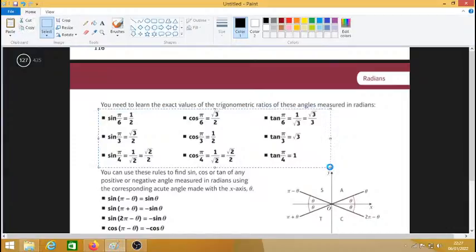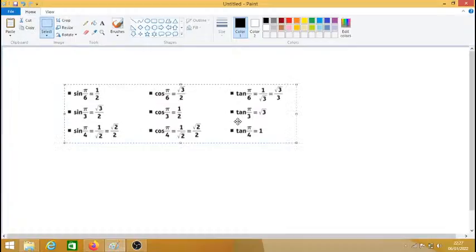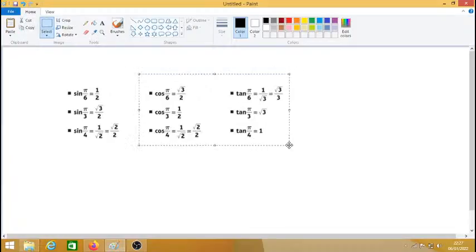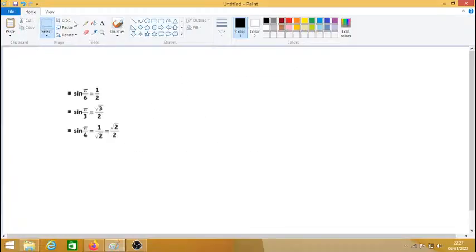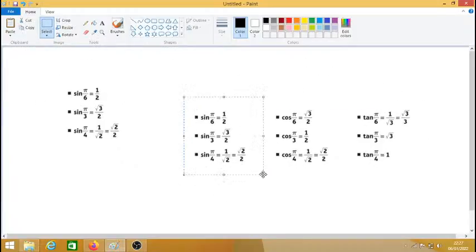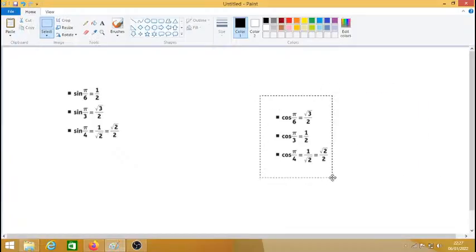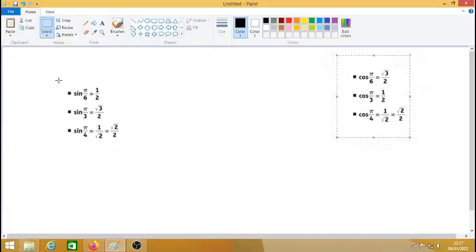So these ones are in radians. Remember that 180 degrees is the same as pi radians. So we're talking about sine here, so we don't really need the cos ones just yet, but we'll save them for a bit later. So let's take out the tan ones for sure, and let's just take a look at the sine ones to begin with.